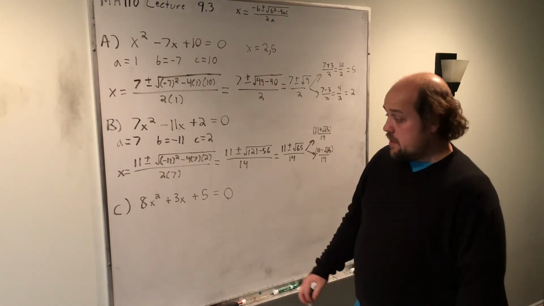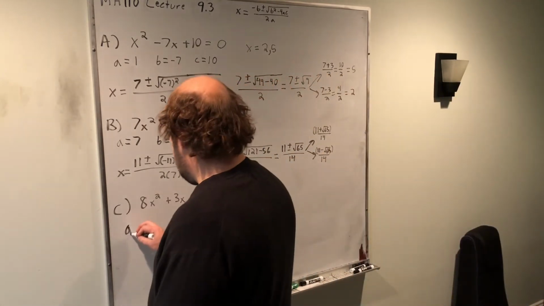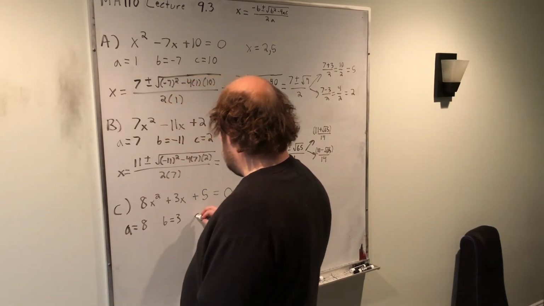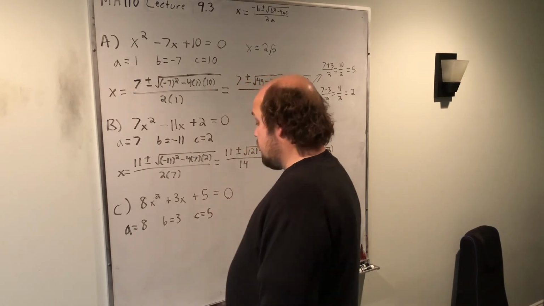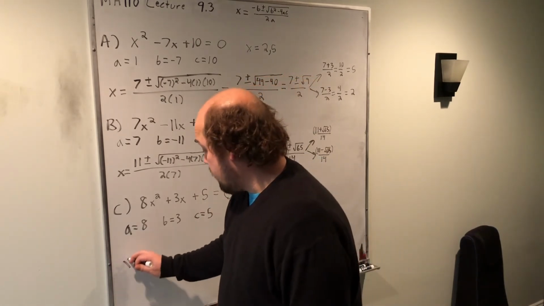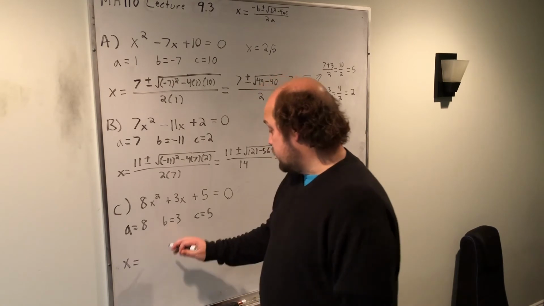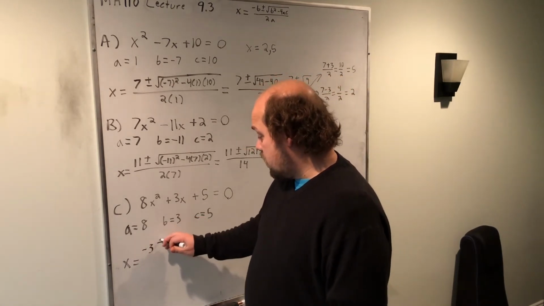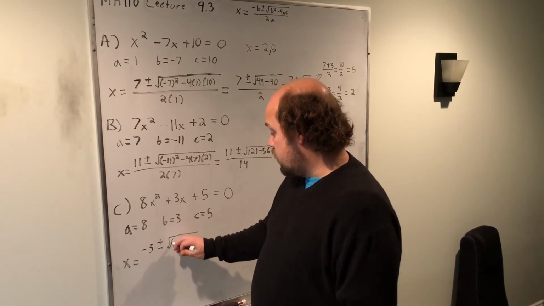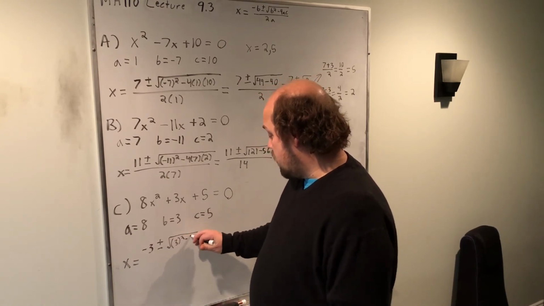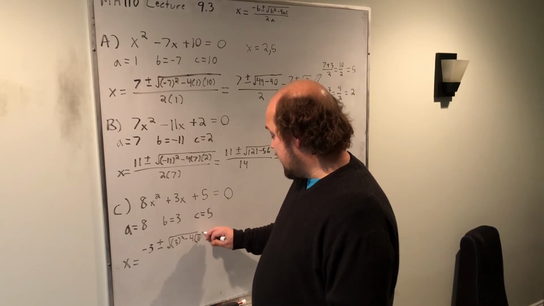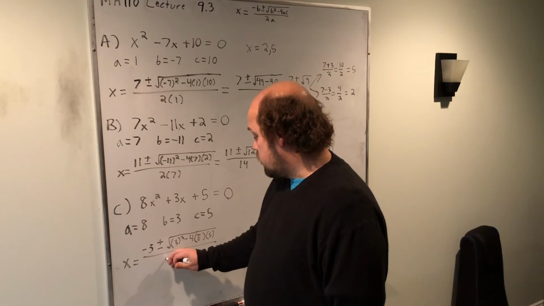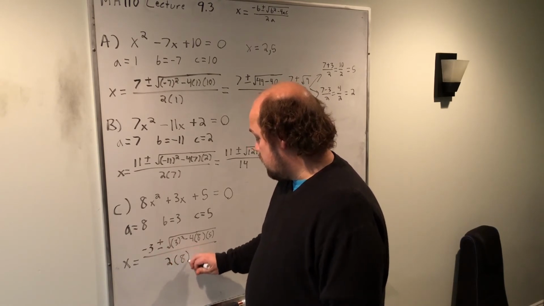For part C, we're going to pull out a equals 8, b equals 3, c equals 5. When I then set up my formula, x equals negative b, the opposite of a positive 3 is a negative 3, plus or minus the square root of 3 squared minus 4 times 8 times 5, all over 2 times 8.